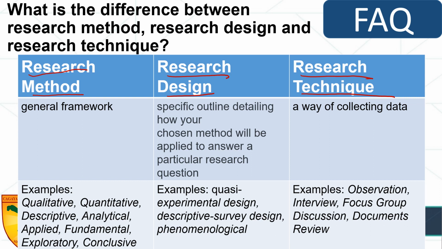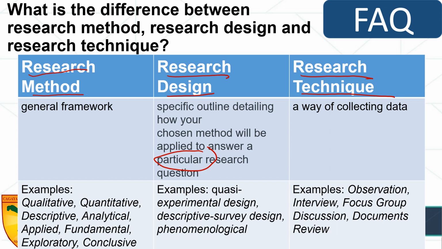While research design is a specific outline detailing how your chosen method will be applied to answer a particular research question. So examples of this one are quasi-experimental design, descriptive survey design, and phenomenological research designs.